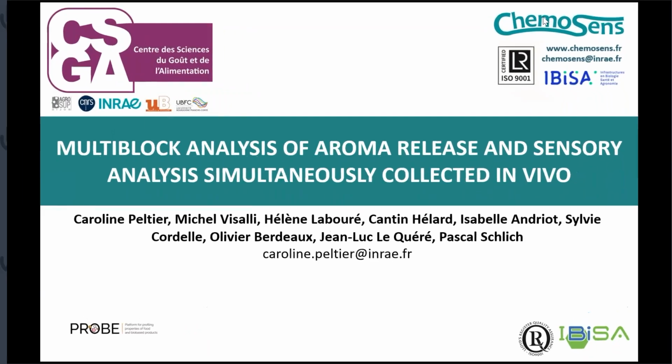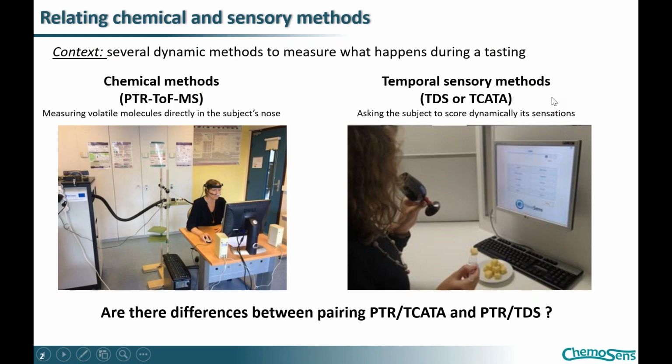So, okay, let's go. The context is that where I work, in a center of taste behavior, we have several dynamic methods to measure what happens during a tasting. We have some chemical methods, for example PTR-MS, which consists in measuring volatile molecules directly in the subject's nose, keeping the kinetics.